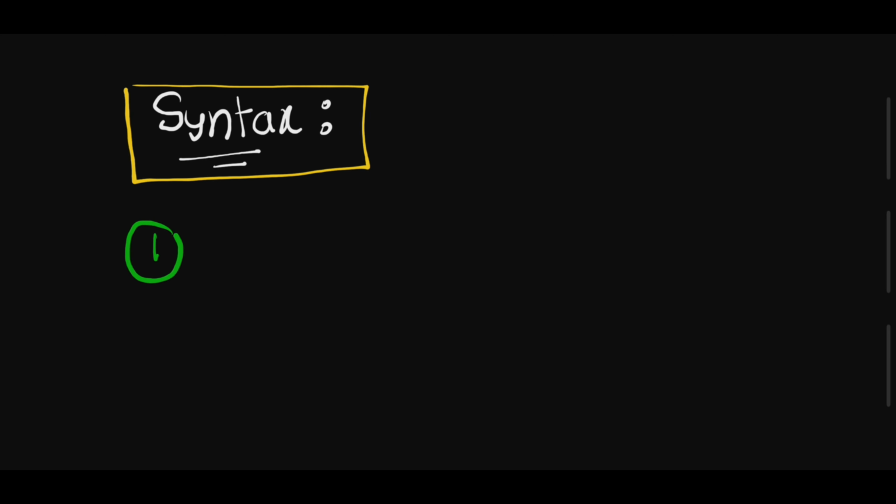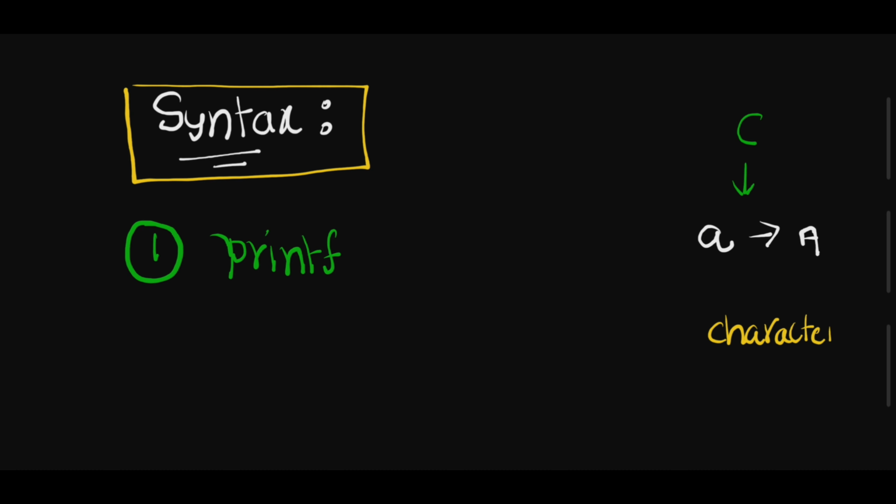We are dealing with the first syntax, that is printf, with all letters in small letters, because C is a case sensitive language. That means we can write small a and we can write capital A, and both are completely different. C language uses a character set that contains alphabets, numbers and special symbols.